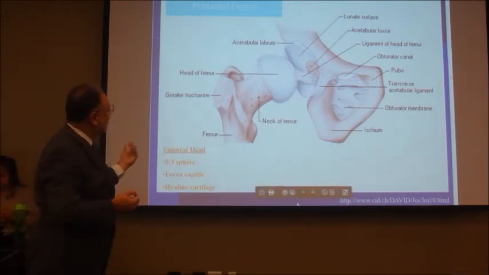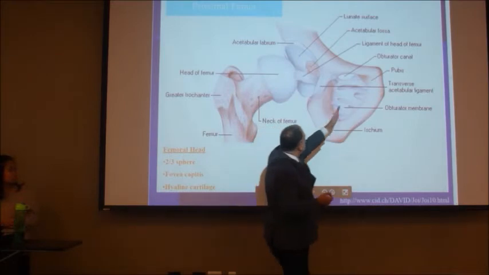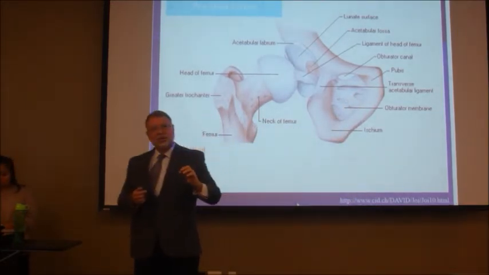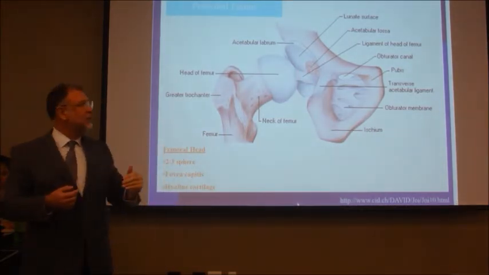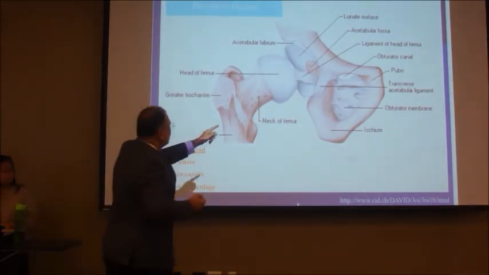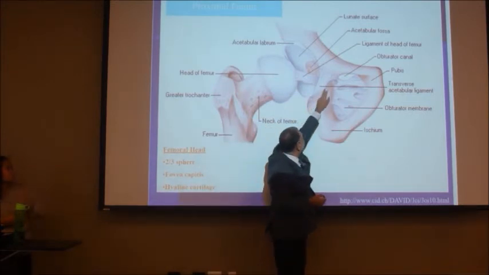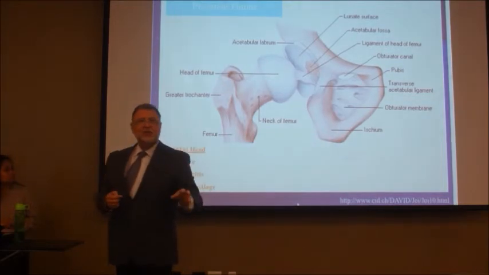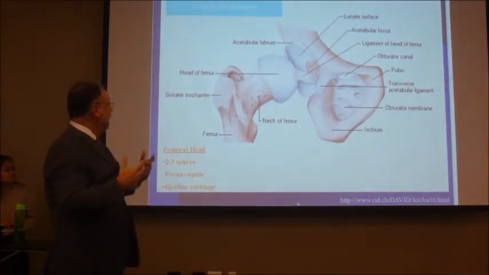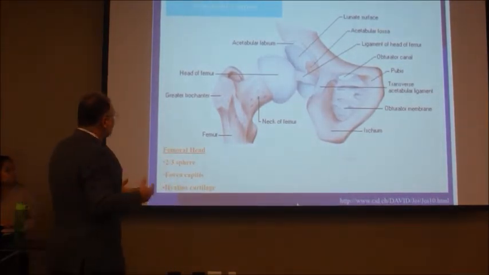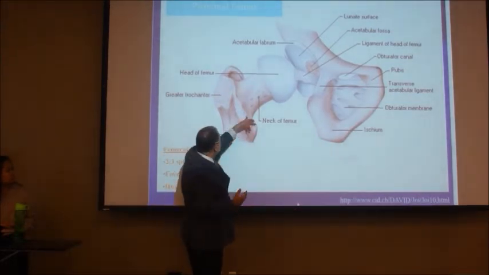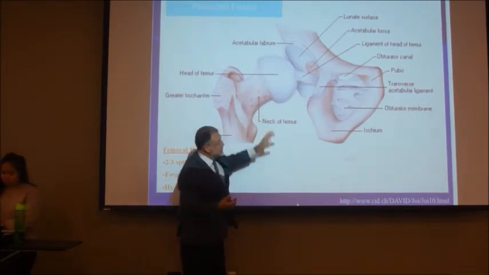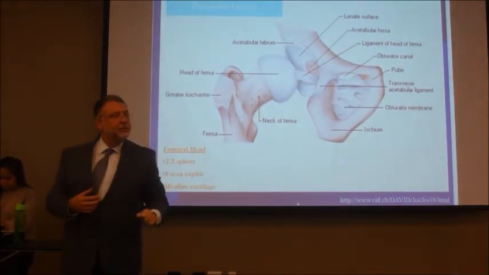From medial to lateral, it's the vein, the artery, and the nerve. This artery gives just one tiny branch into the ligamentum teres, but it's quite negligible in terms of the blood supply to the femoral head. Most of it comes from the circumflex arteries and the retinacular arteries that reach this area through the capsule of the hip.